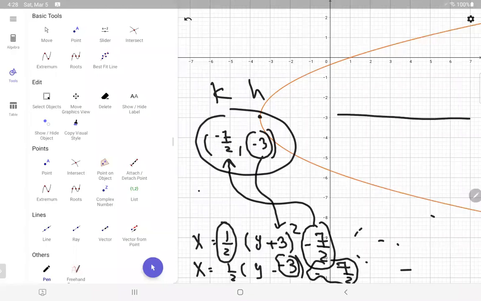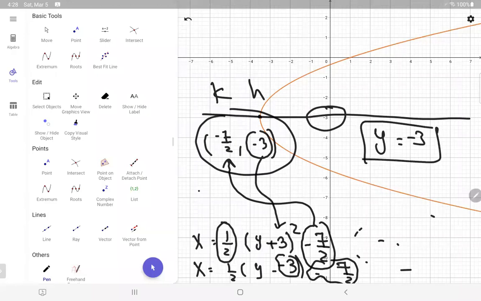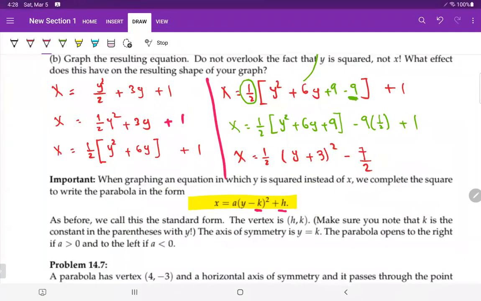Y equals -3. Y equals -3. This is the axis of symmetry, which is y equals h or k in this case. Okay? Just change the order.